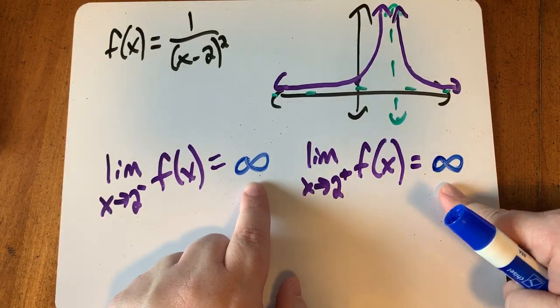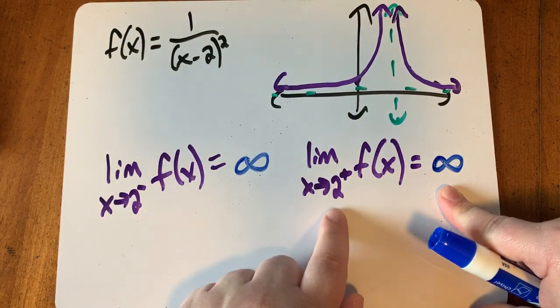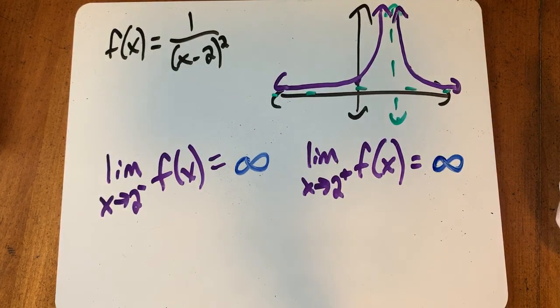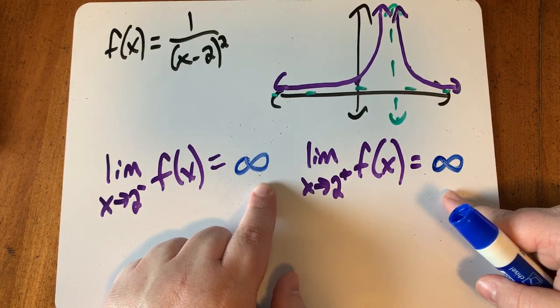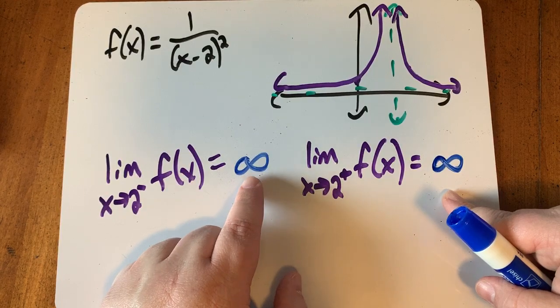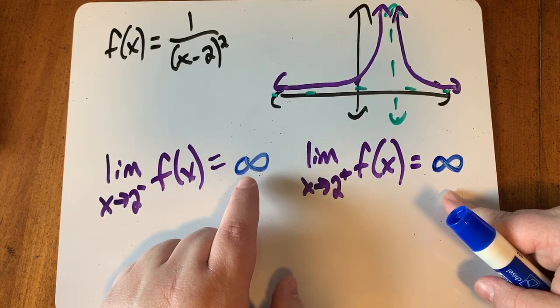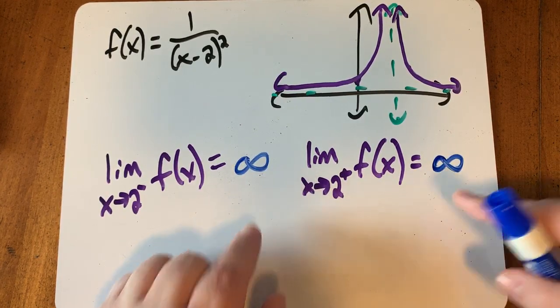These are not true limits, but this notation helps us to understand that. So we just keep in the back of our mind that these are not true limits because they are not real numbers. But if the function is approaching infinity, we can mark that. But the limit does not exist.